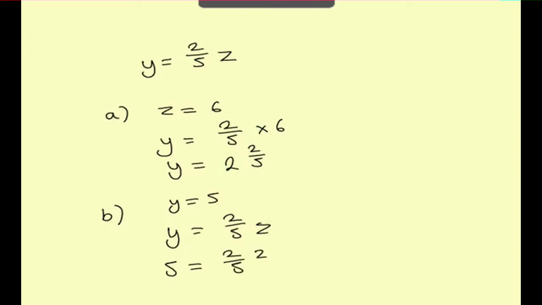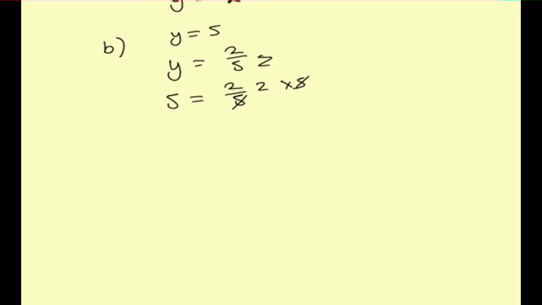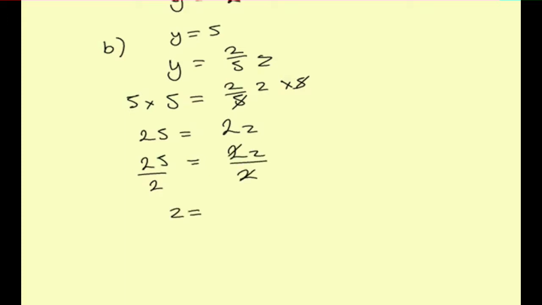So what we need to do, we need to multiply both sides by 5, so we get 25 is equal to 2z, and then we divide both sides by 2, so we get 25 over 2 is equal to 2z over 2, so z is equal to 12.5. So the answer is 12.5.